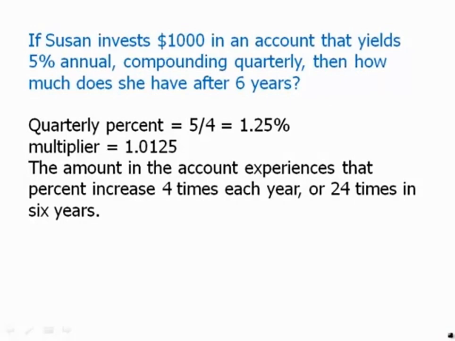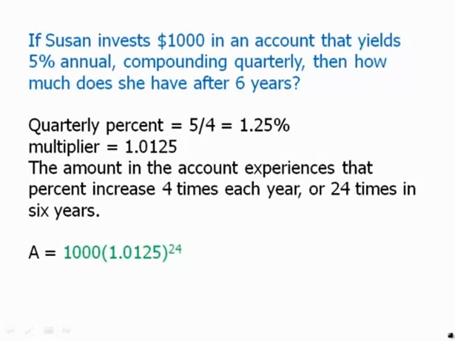So we're multiplying by that multiplier 24 times. So the final amount will be the principal, $1,000, times that multiplier to the power of 24. Okay, so that's the expression. And again, if the problem is simply looking for building the correct formula, that's the correct formula.